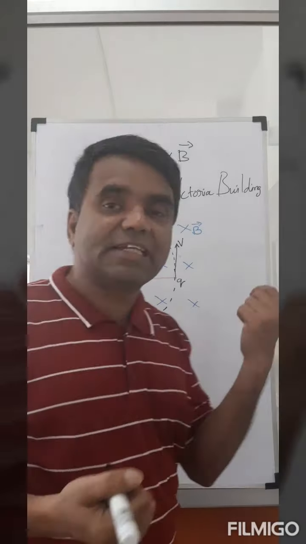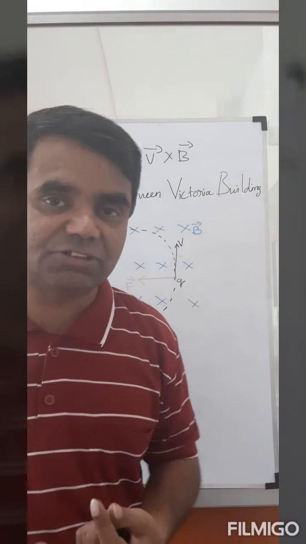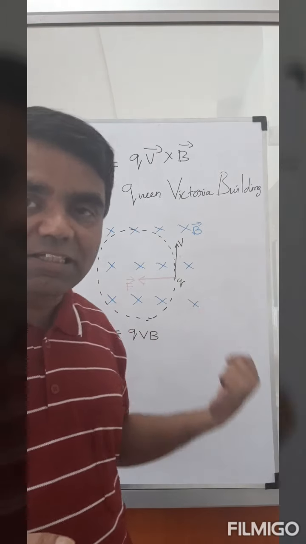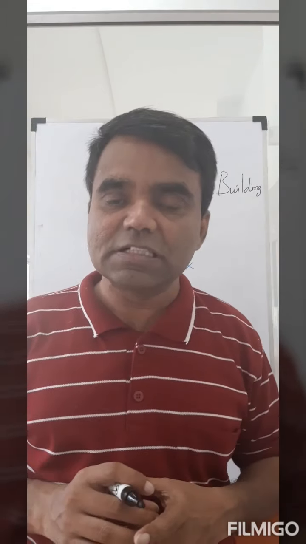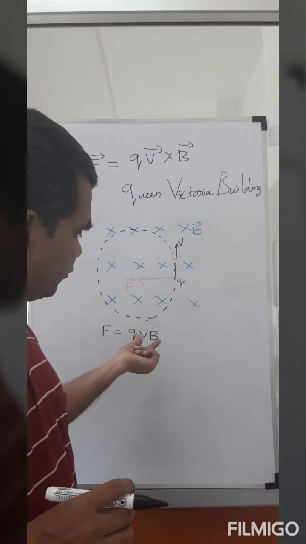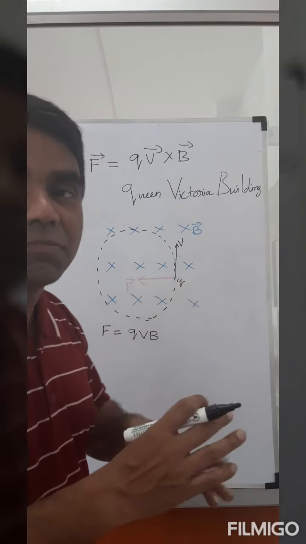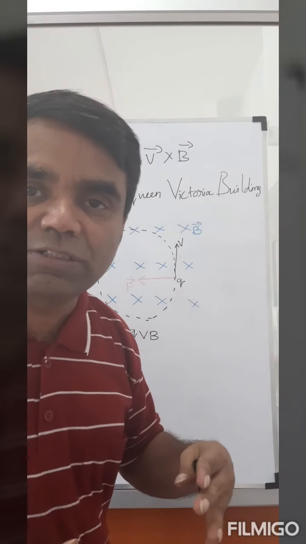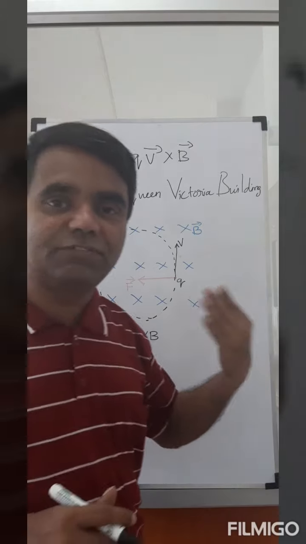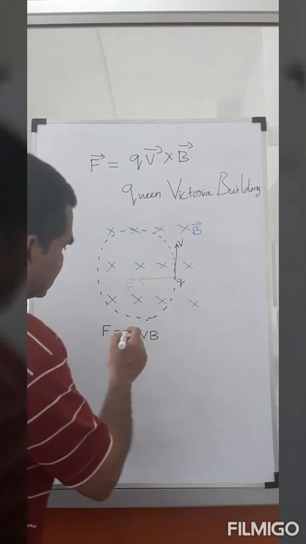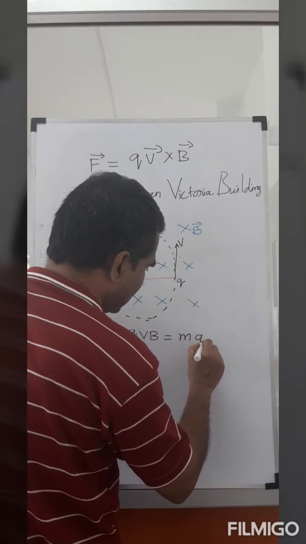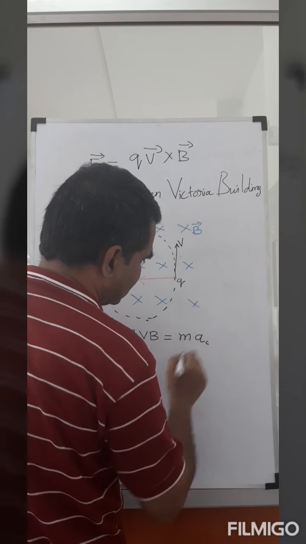Since the force is acting on a body, it should have an acceleration. It will have a centripetal acceleration, given by the formula v squared by r. So this force, which is acting on this body, must produce an effect equal to ma, the centripetal acceleration.